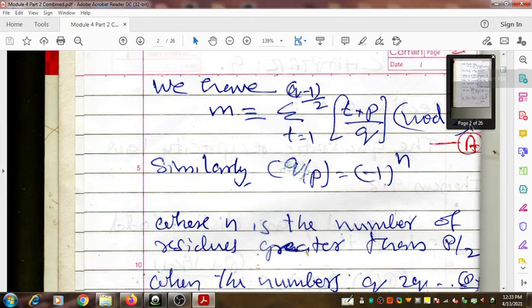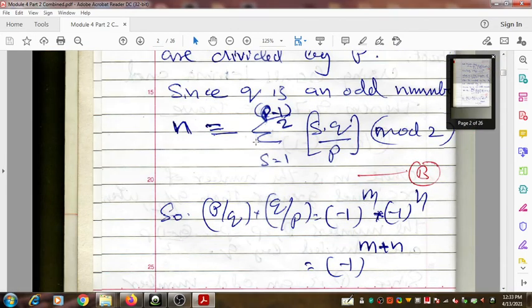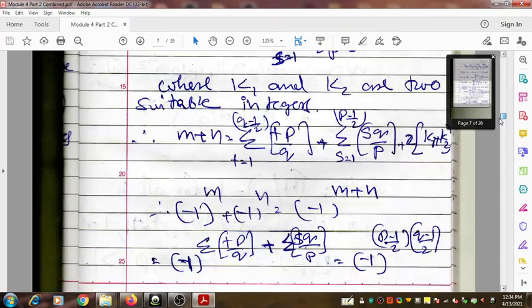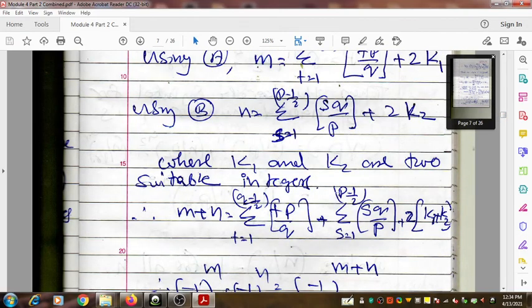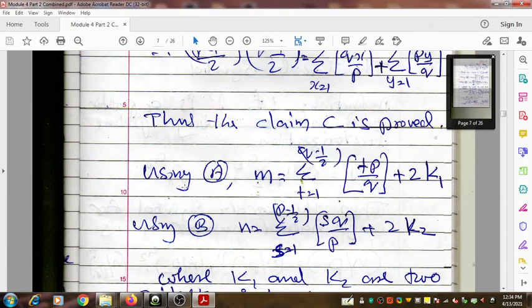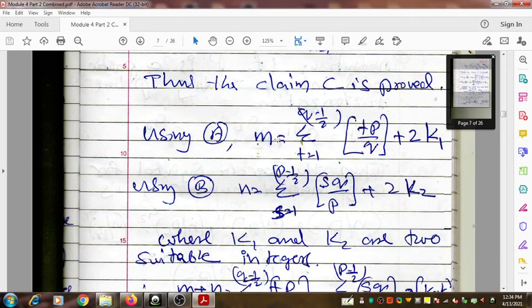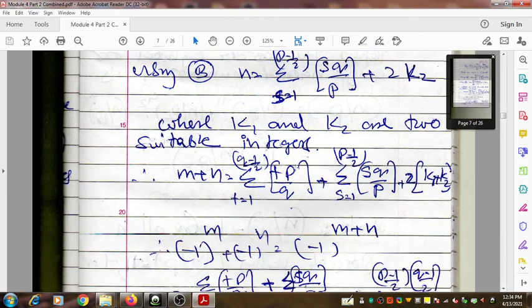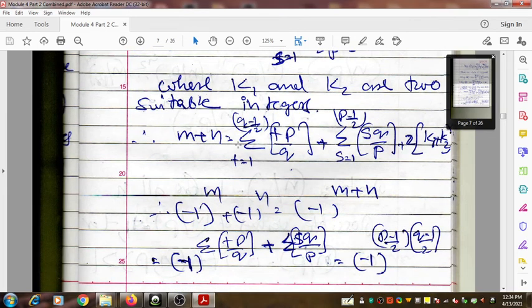And similarly, you can refer to statement B. There also you can do the same thing, and thus we can rewrite these two expressions. Thus by modifying A, m is equal to the summation [tp/q] plus 2 into k1, and n is equal to sigma [sq/p] plus 2 into k2, where k1 and k2 are two suitable integers.